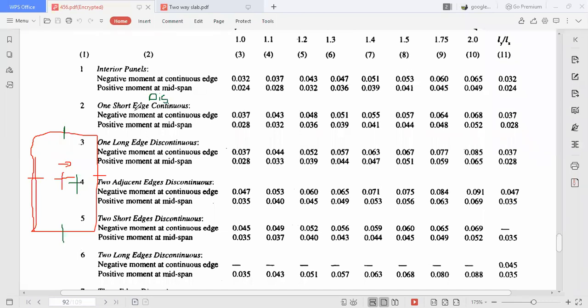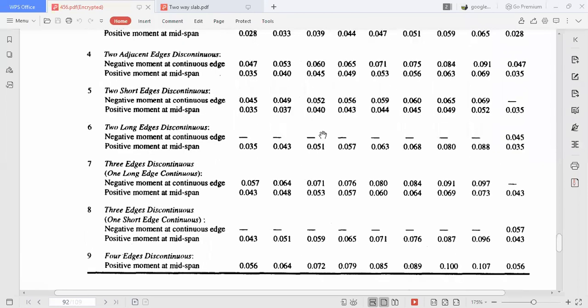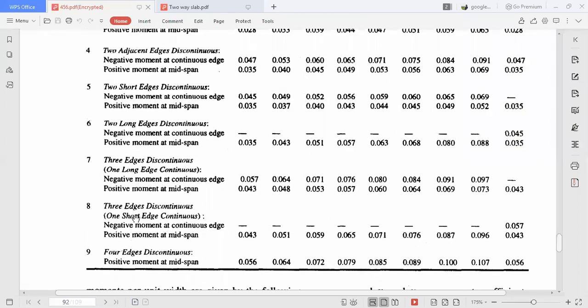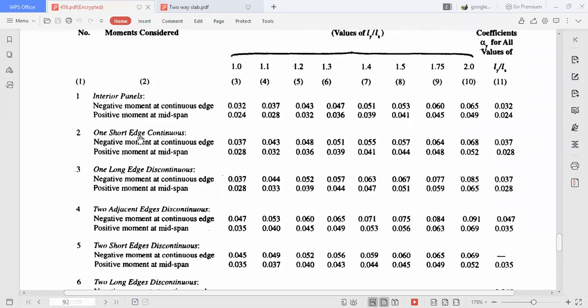One short edge continuous case is already there. See, one short edge continuous case is already there. This is the one short edge discontinuous case. It's not the continuous case, it's the discontinuous case.